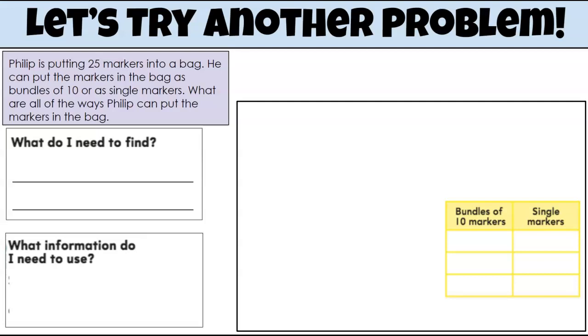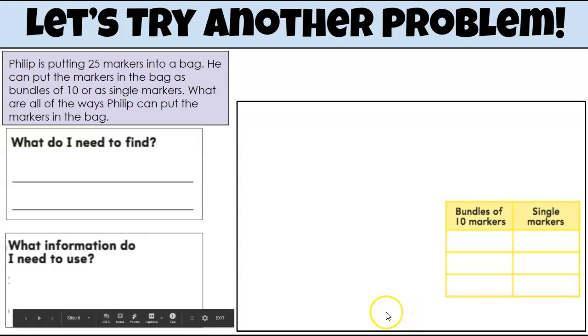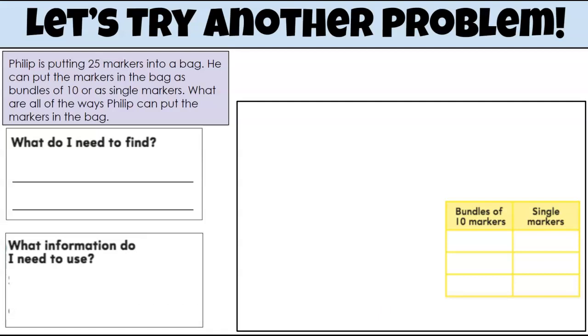So I want you to do your very best in figuring this out. I'm going to get you started and then let you finish the rest by yourself. So Philip is putting 25 markers into a bag. He can put the markers in the bag as bundles of 10 or as single markers. What are all the ways Philip can put the markers in the bag?